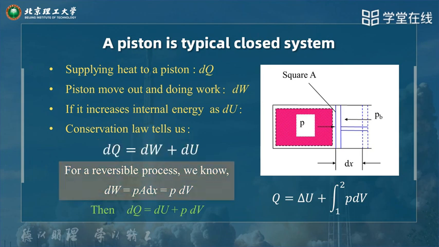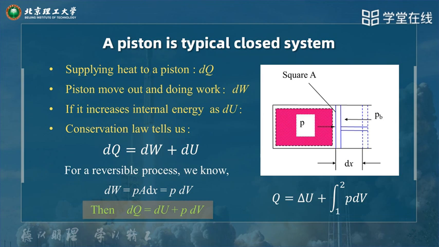If the process is reversible, the expansion work is P times A times dx, which is just PdV. So if the process is reversible, we obtain the first law as dQ equals dU plus PdV. Here is the first law equation.